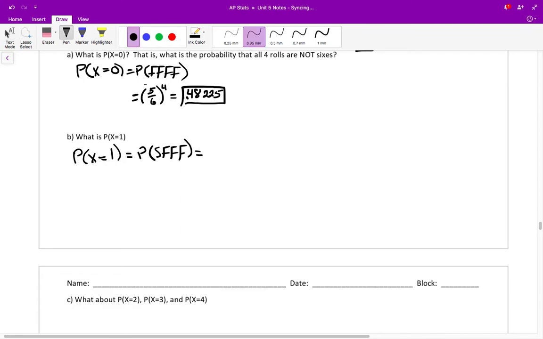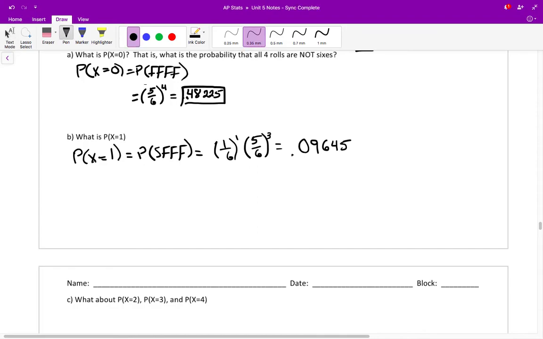To calculate that probability, a success would just be 1/6, which you could say to the first power if you wanted to. And then there are 3 failures, so similar to how we calculated the 4 failures, that would just be 5/6. This time we're going to raise it to the third power, and we type that into a calculator, we get 0.09645.